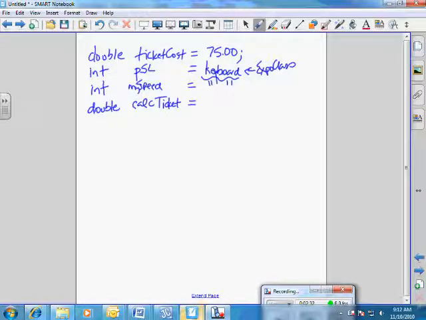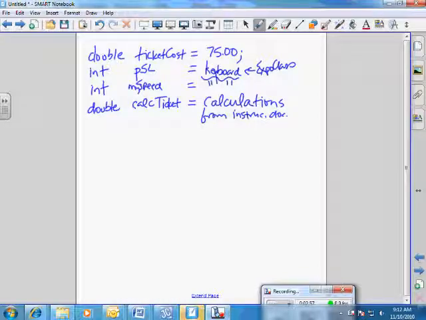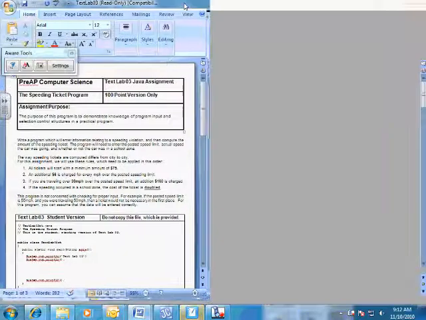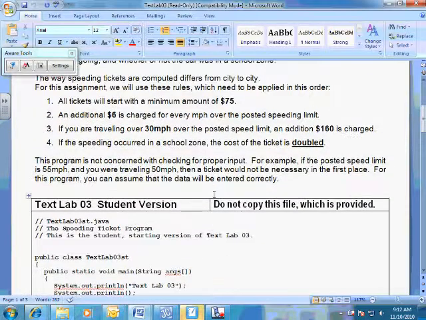And that is going to be done through your calculations from the instruction document. And that's what we're working on right now. So let's look at this.